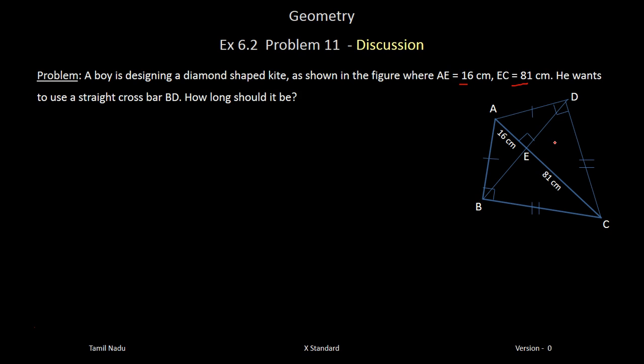What it means is that when you draw a line from the vertex of the right angle that is perpendicular to the hypotenuse, for this triangle ACD, this is the hypotenuse, this is a right angle. It divides it into two right triangles.